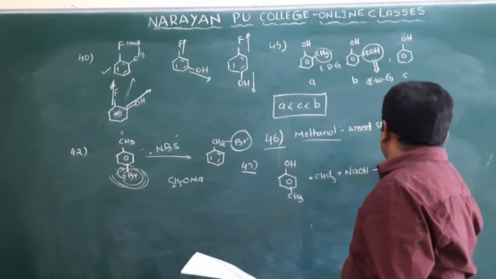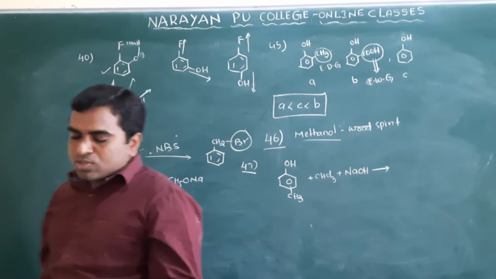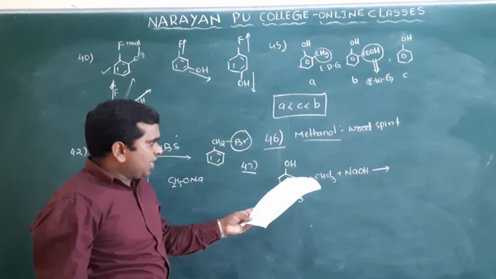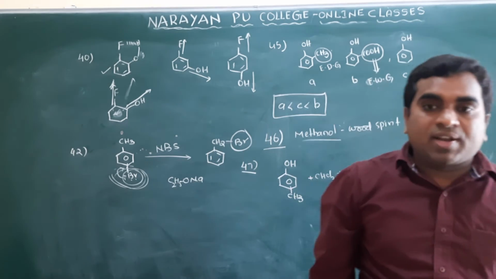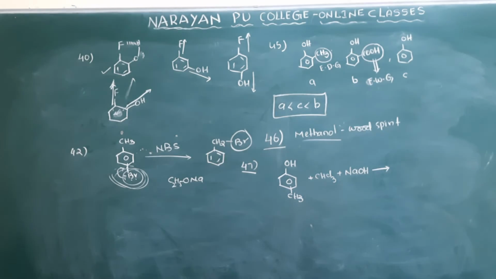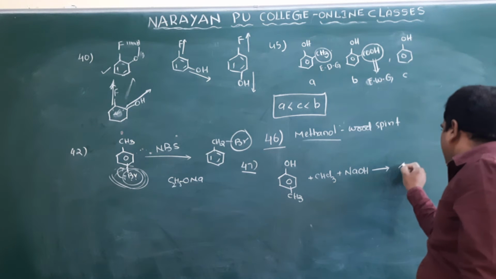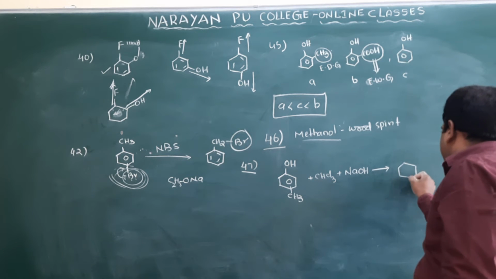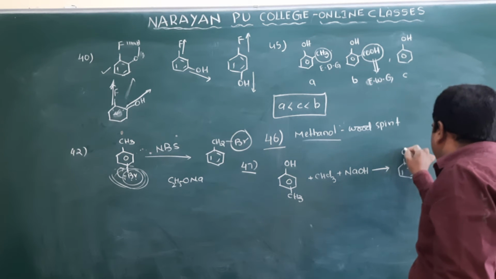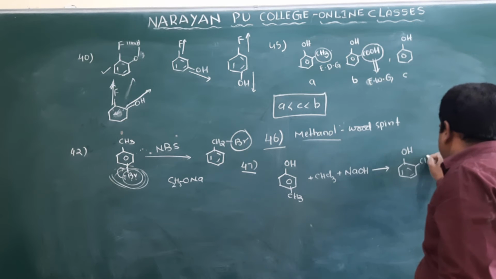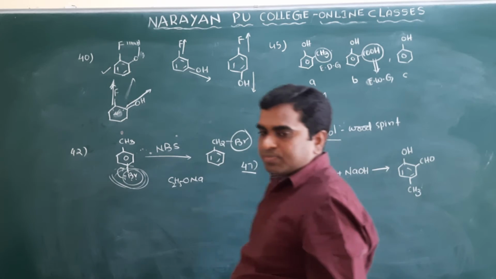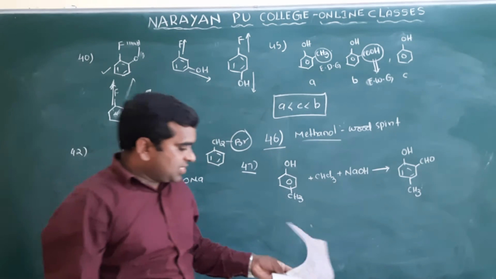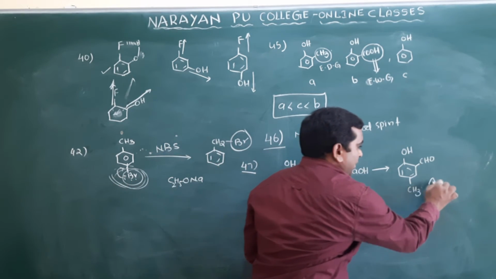You know, phenol, chloroform and NaOH, which reaction? Reimer-Tiemann reaction. In the Reimer-Tiemann reaction you will get the salicylaldehyde product. Clear? So this is compound A.